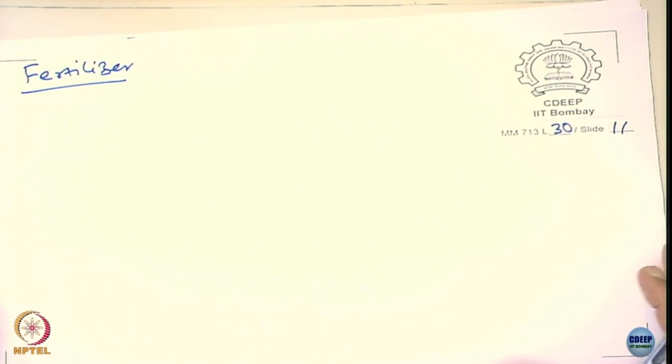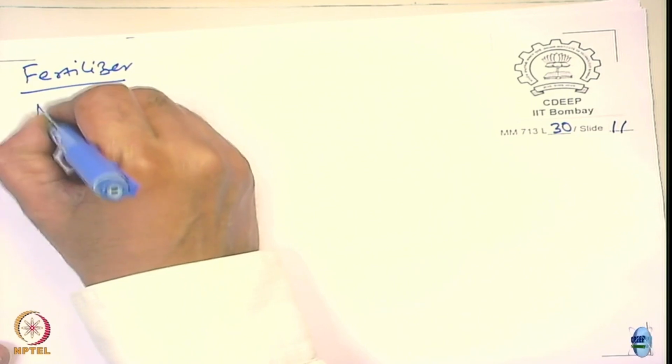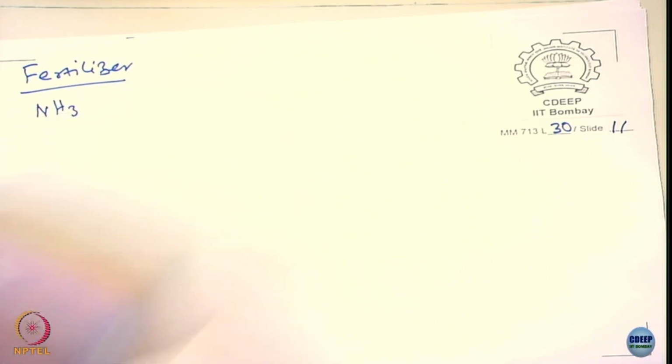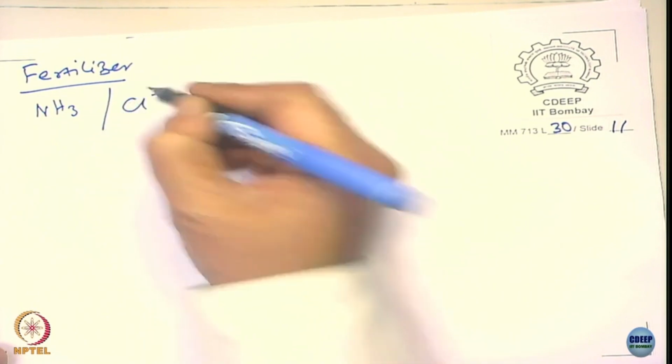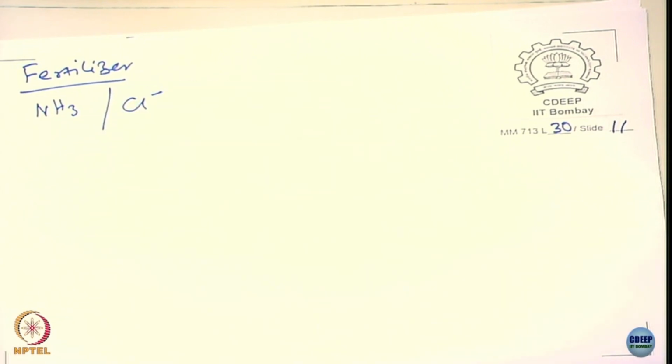In the fertilizer industry, say in a heat exchanger, you use ammonia on one side and chloride on the other side. How do I choose a material? If I have a chloride, then I can choose a copper based alloy, it does not undergo stress corrosion cracking.